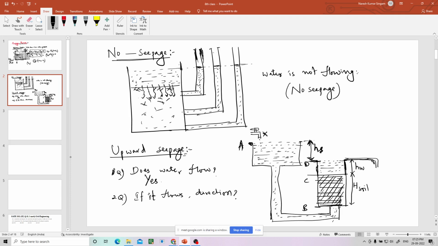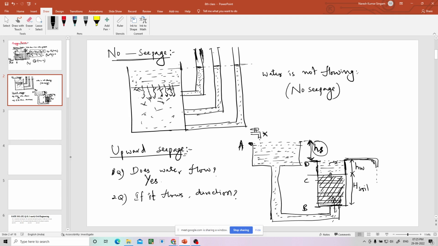Because of that head difference, the water will always flow from B to C, then C to D, then flow out. So this is called seepage. Seepage is happening from downward to upward, from B to C.